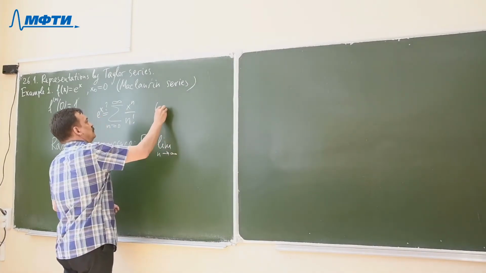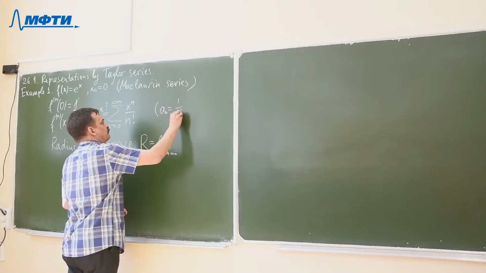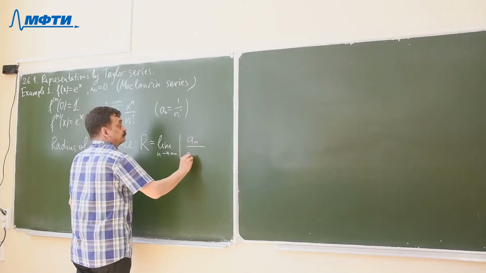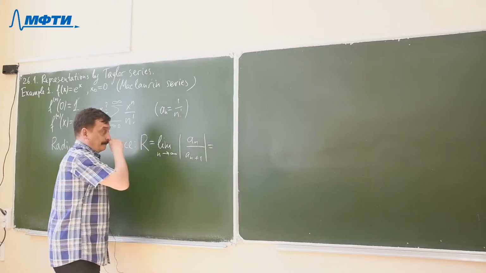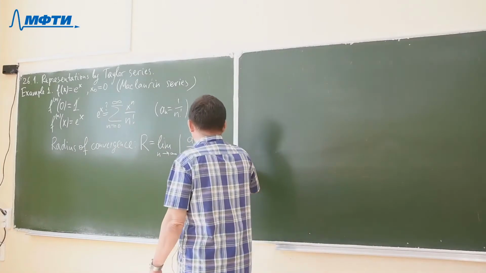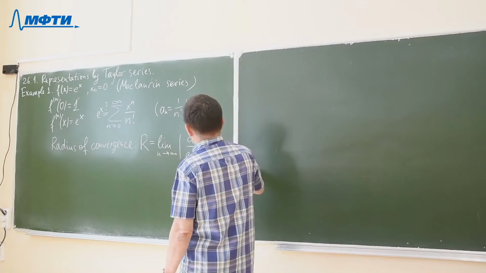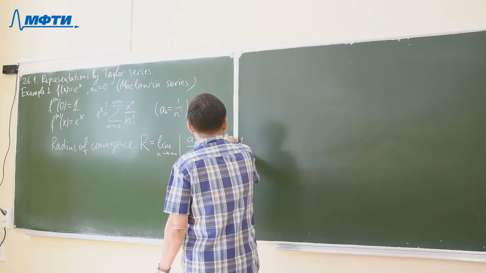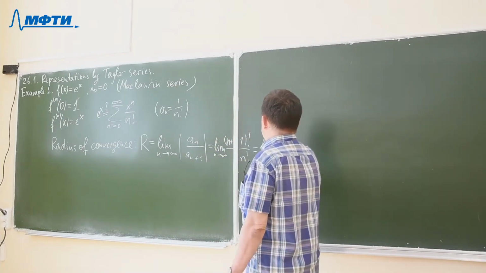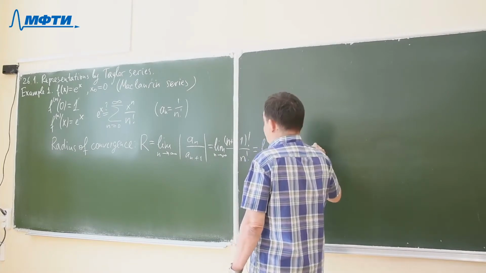So here we have coefficients 1 over n factorial. By the formula, the radius of convergence equals such a limit, if it exists. We find that it is n plus 1 factorial over n factorial, that is, the limit of n plus 1, which is infinity.